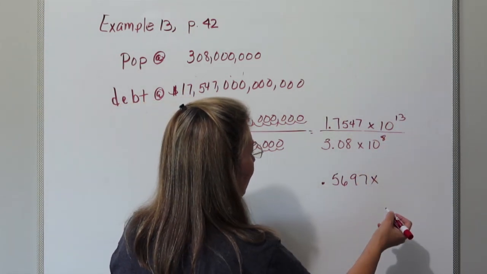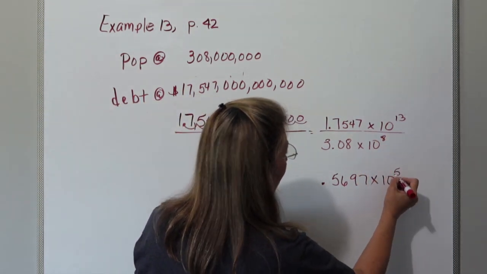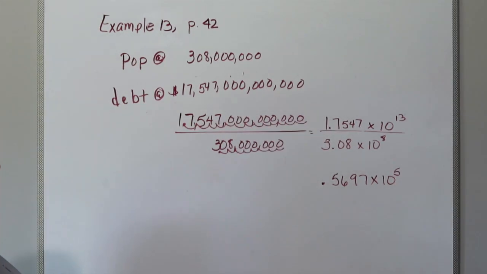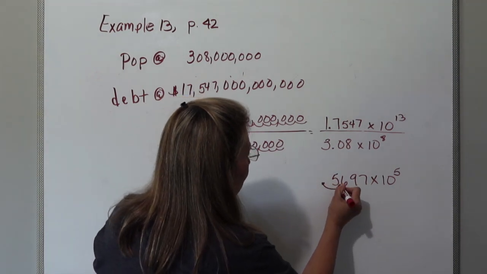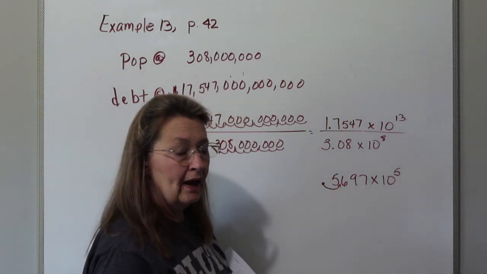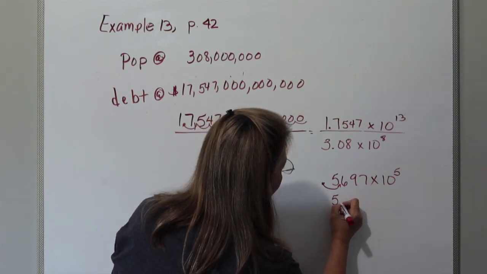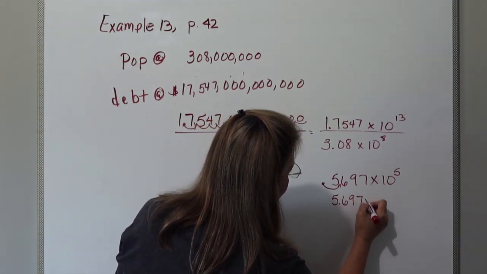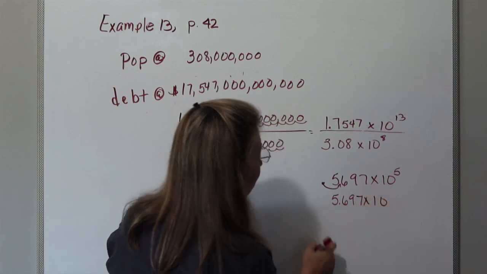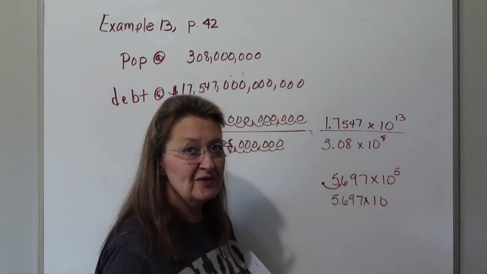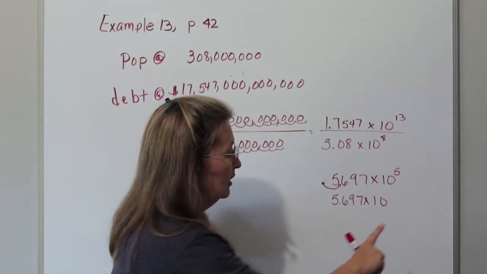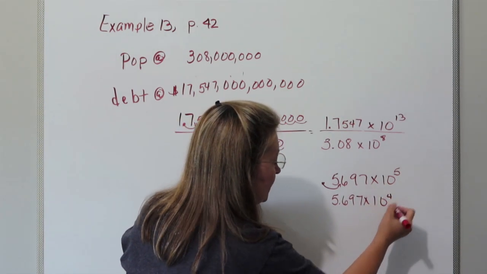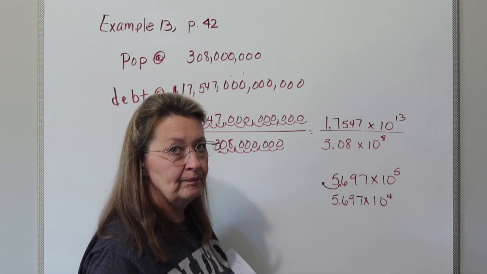So I'm going to do 13 minus 8, which gives me positive 5. Now, is this in scientific notation? No. We're going to have to move this over to the right one time. So it's going to be 5.697 times 10. Now remember, since I moved it to the right once, what I actually did is I already multiplied it by 10 one time. So that means I'm going to need to multiply it by 10 one less time.